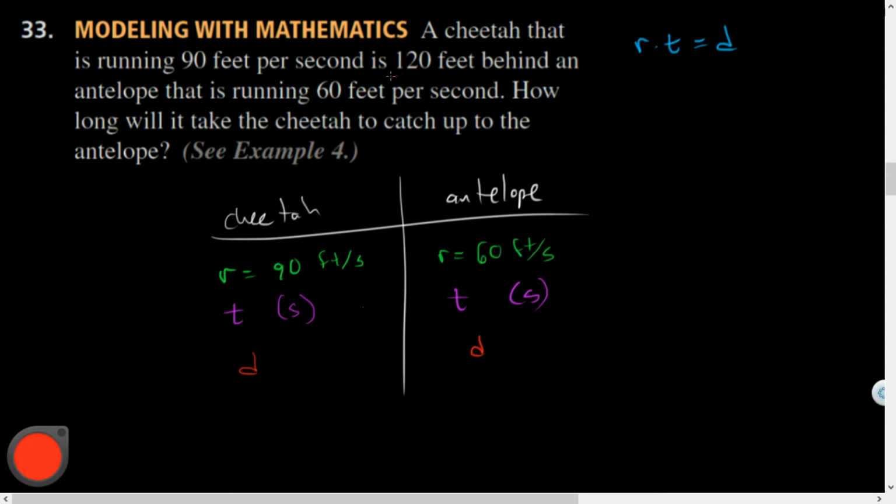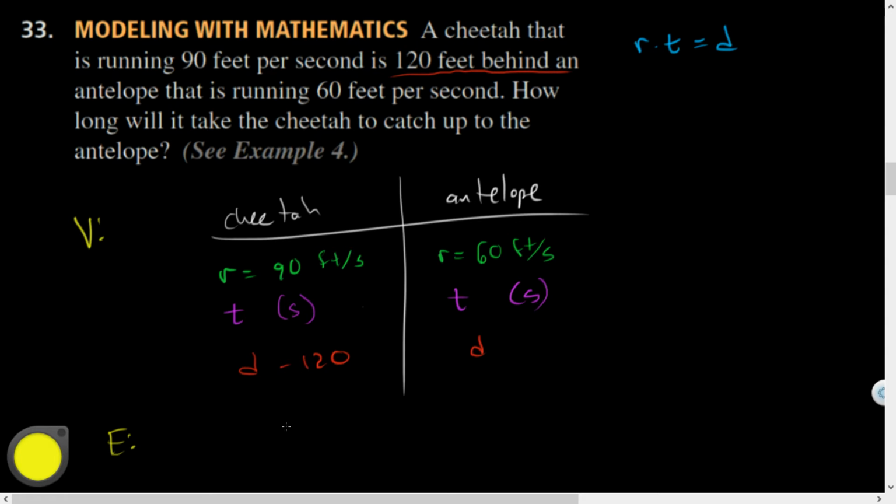He's 120 feet behind the antelope. I'm thinking this through here. I think I need to write d minus 120? Or is it d plus 120? It feels like plus, but I'm trying to think of how I'm going to translate that into the equation in the end here.